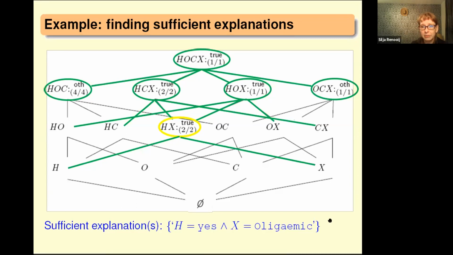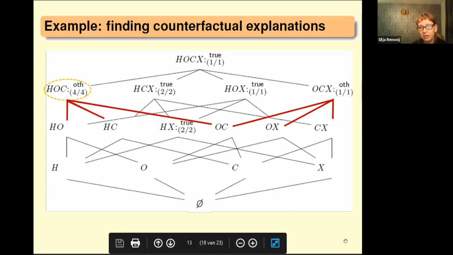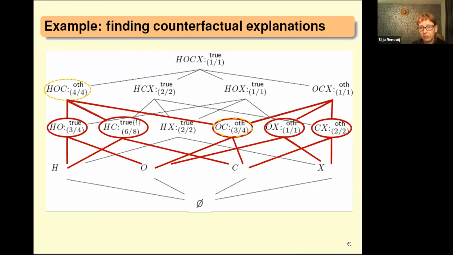Recall that in the meantime, so now I stopped the search for sufficient explanations. In the meantime, I had basically initialized another queue for the counterfactual explanations. So I continue my breadth first search from there. And we do similar things, all the computations.